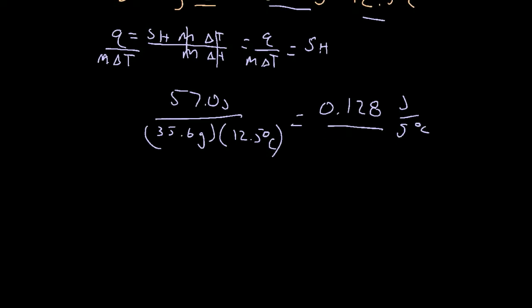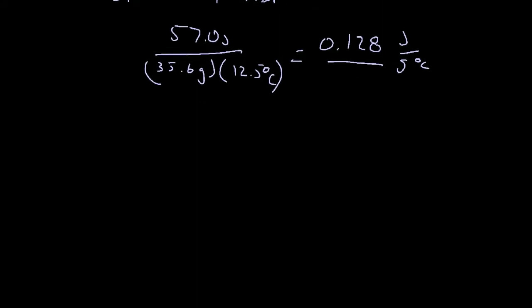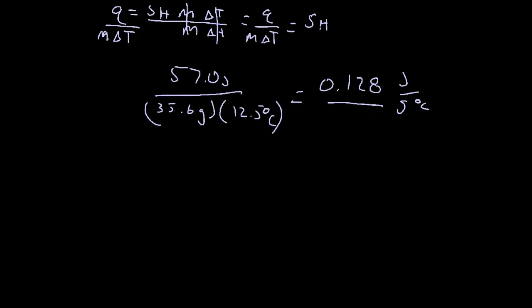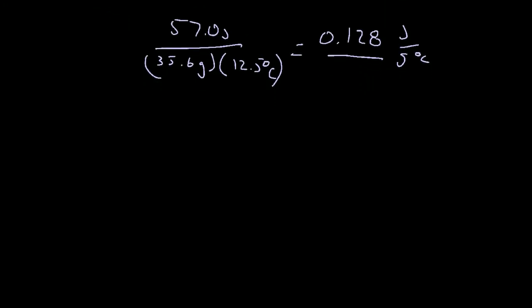Let's throw a curveball in there with specific heat, because you're probably going to do a lot of problems where you end up solving for specific heat. Let's say we're dealing with water again, and the specific heat of water is 4.184 joules per gram per degree Celsius.